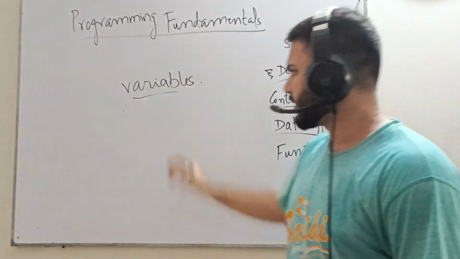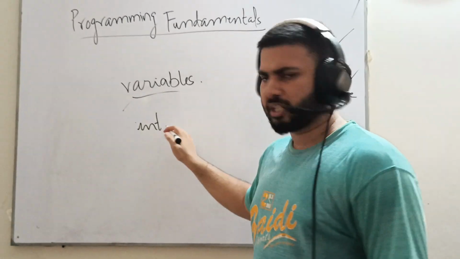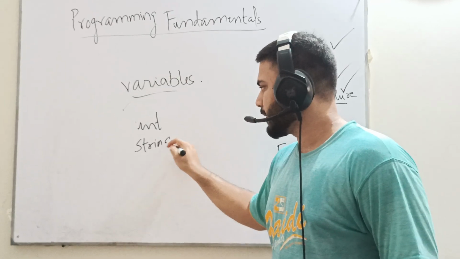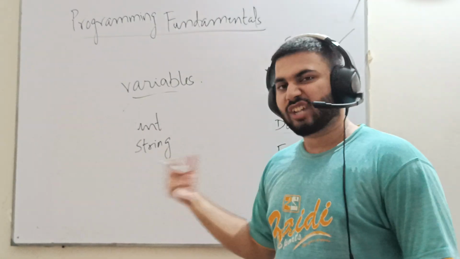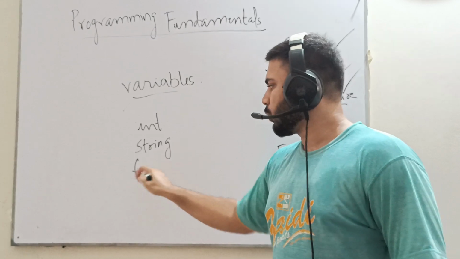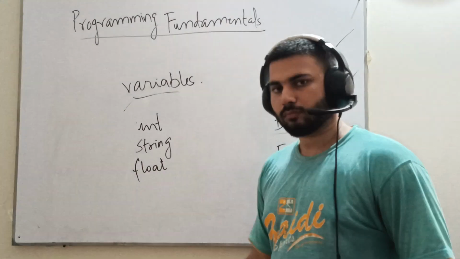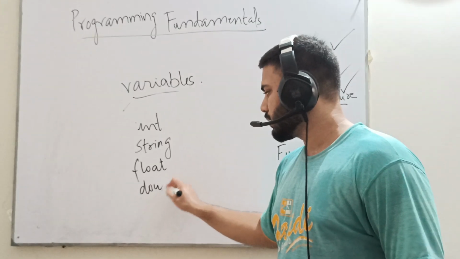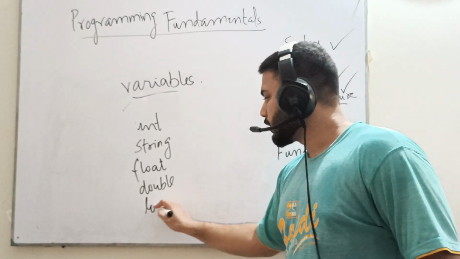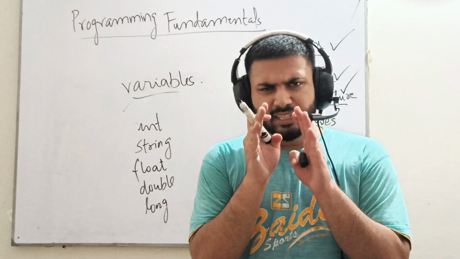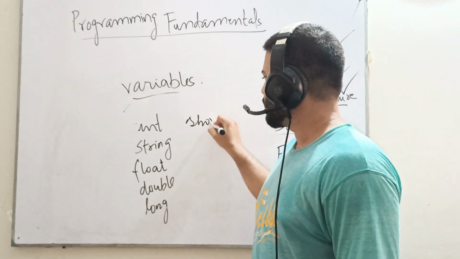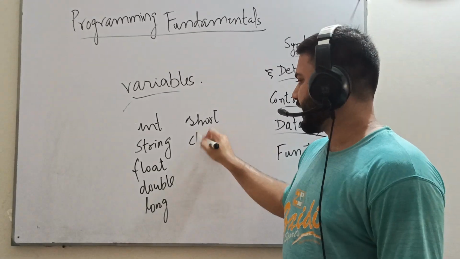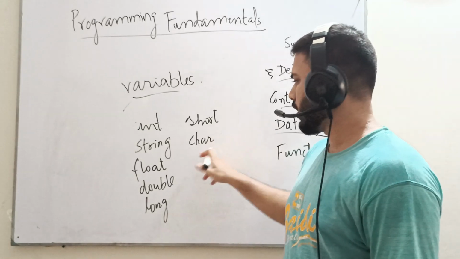There are a lot of them: you have integer, represented by int; any statement, represented by string; any fractional value, in the form of float; a bigger value, in the form of a double or a long; a very tiny value, in the form of short; or just one simple letter, in the form of character, so you use char for that.